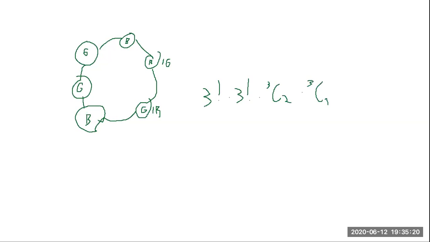And for the other one, since we can have a boy or a girl, I just times it by 2. Right?